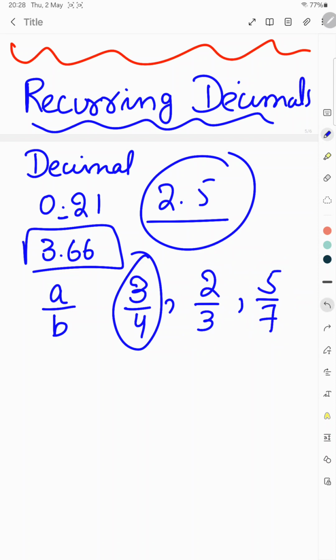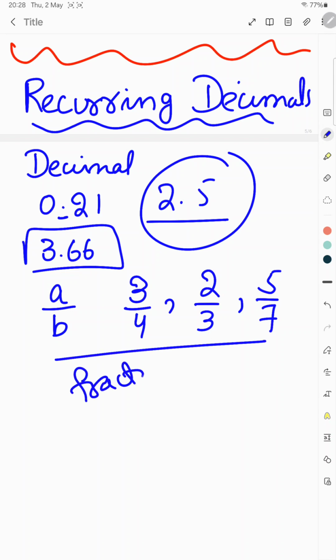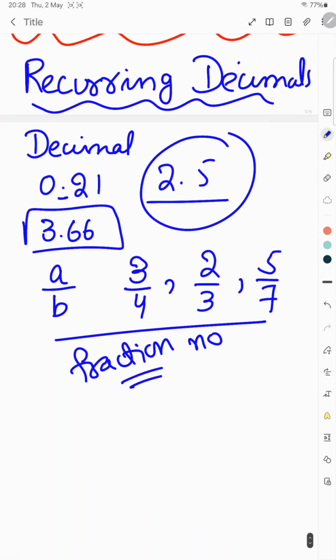Okay student. So know the difference between decimal numbers and fraction numbers. I hope the difference between both numbers is clear to you. Now our topic is recurring decimals.